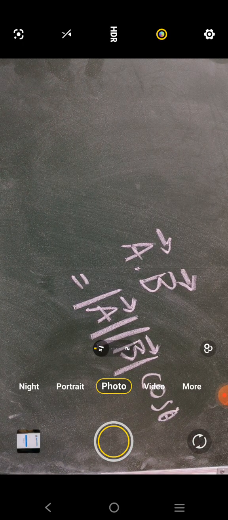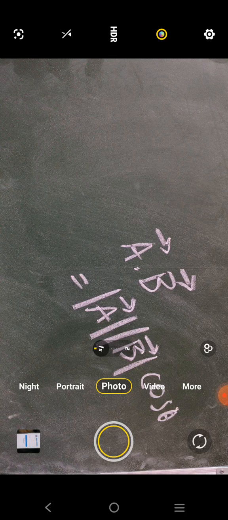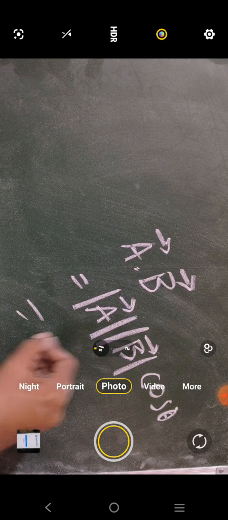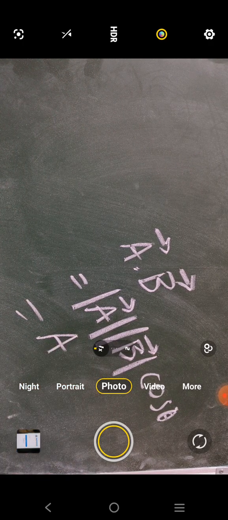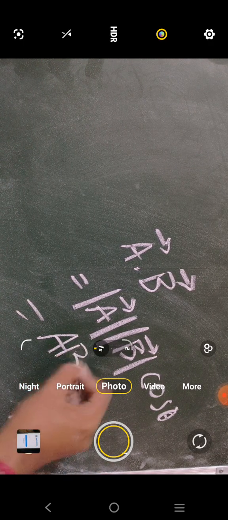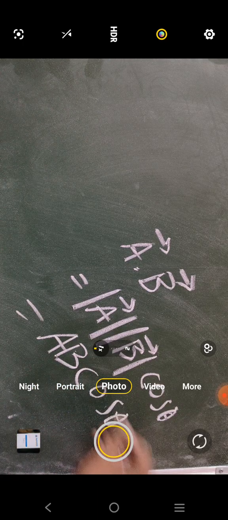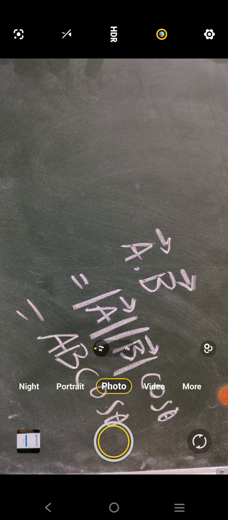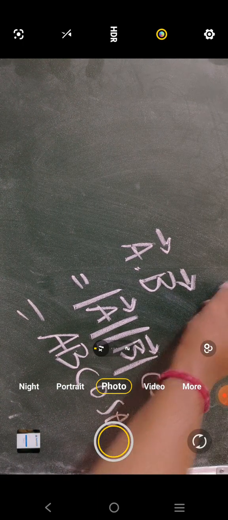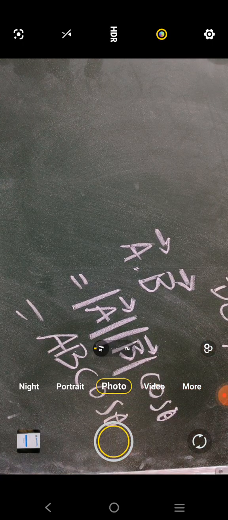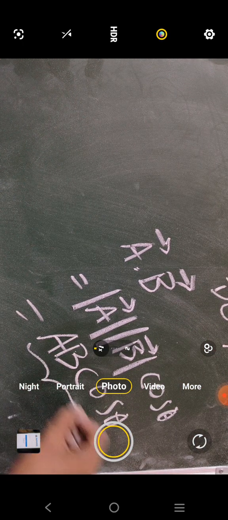Mod of A is nothing but the magnitude of A. So if I take mod of A as A and mod of B as B, it is AB cos theta. This is the dot product or scalar product, and this product is completely scalar.